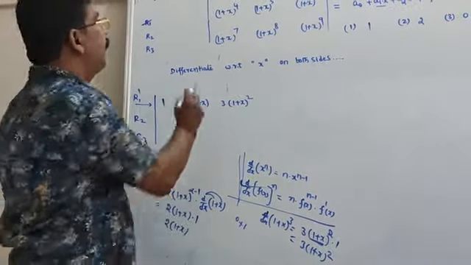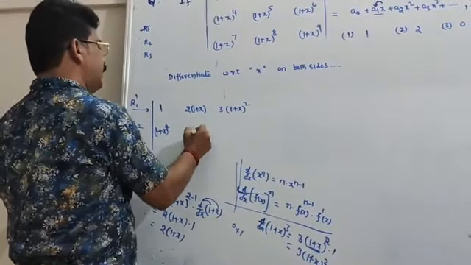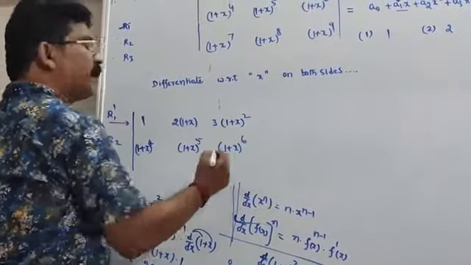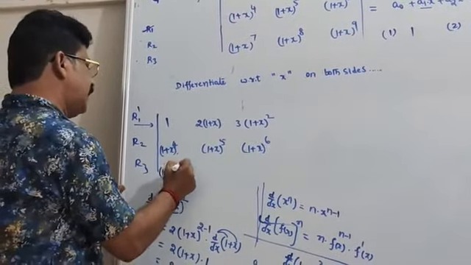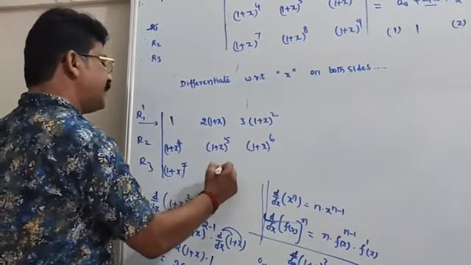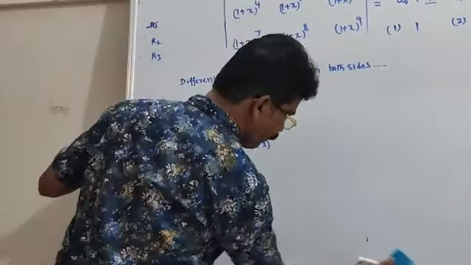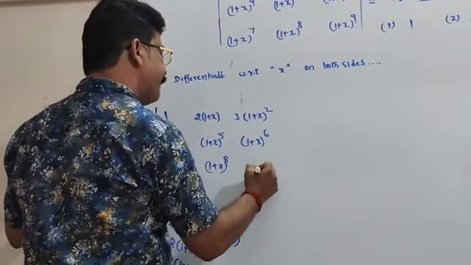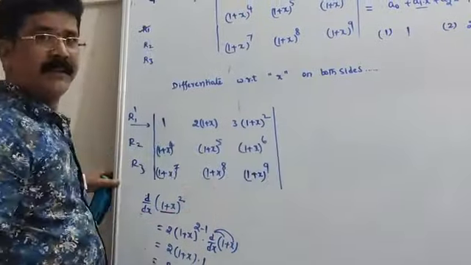Keep the same: (1 plus x)^4, (1 plus x)^5, (1 plus x)^6, (1 plus x)^7, (1 plus x)^8, (1 plus x)^9. This is the first stage.